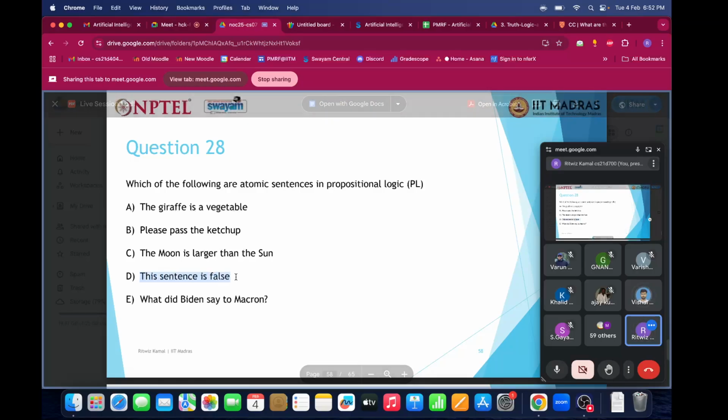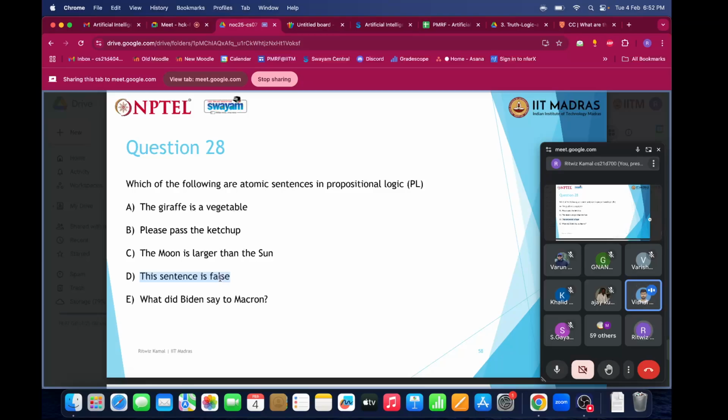Yes, not D also. This is a kind of vague sentence, right? This can mean multiple things. We don't know what this is referring to, right? My bad, I read B, this as B. No problem. So yeah, you were correct about the other two options that you said.